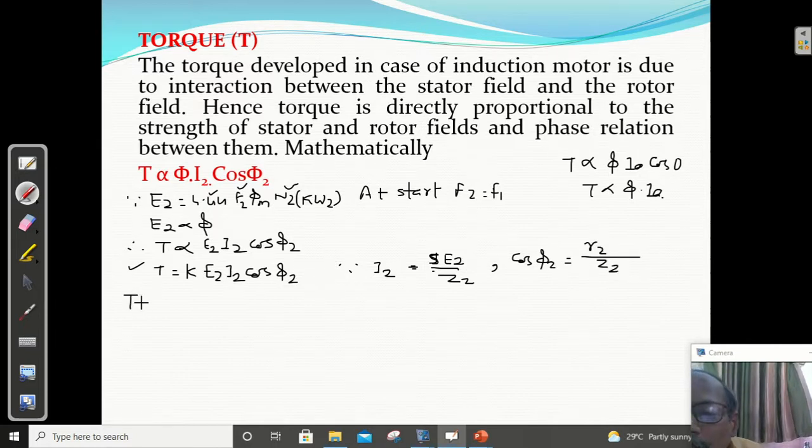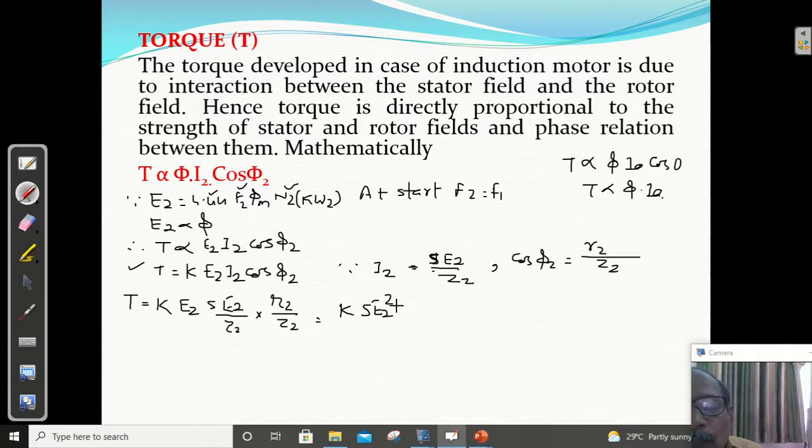So torque equals one constant K into E2 into I2, meaning S E2 by Z2, into R2 by Z2. So we will get torque equal to K S E2 square R2 upon Z2 square, meaning R2 square plus S X2 whole square. So this is the expression of torque: K into S E2 square R2 upon R2 square plus S X2 whole square. That is the running torque.